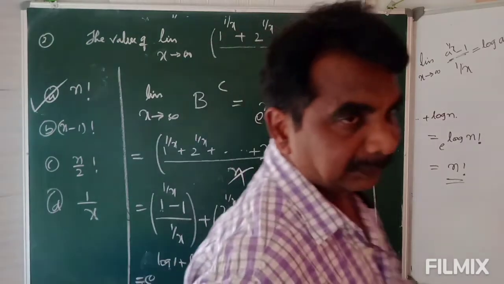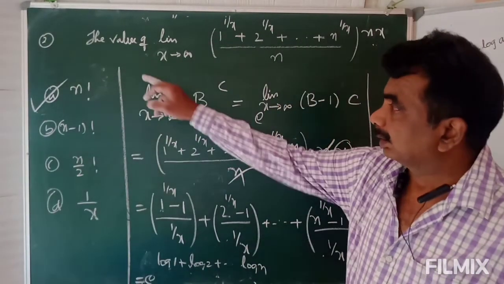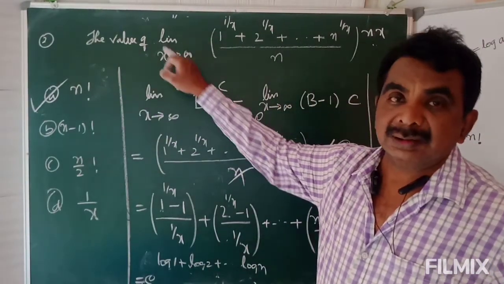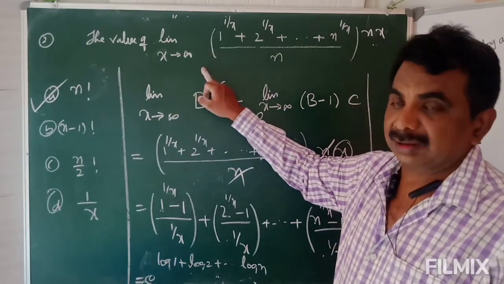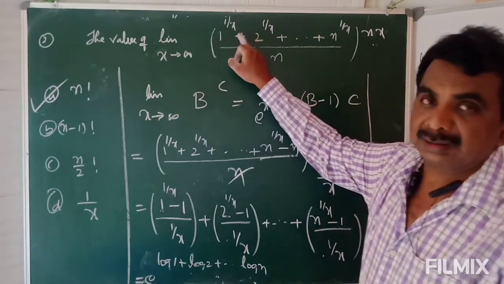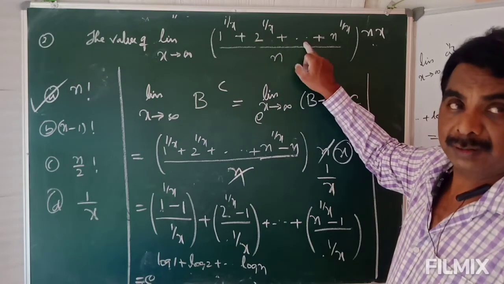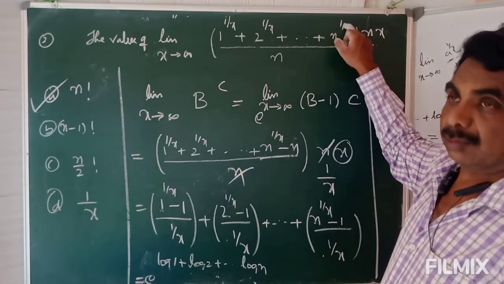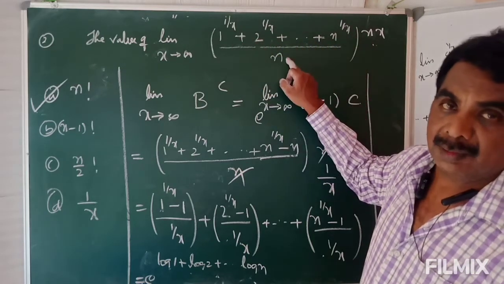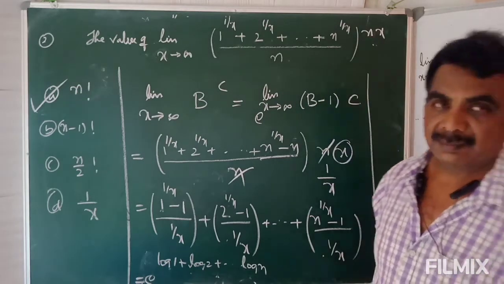Very important problem. Once again I will explain. The value of limit x tends to infinity of (1 power 1 by x plus 2 power 1 by x up to so on, n power 1 by x) divided by n, whole power nx.